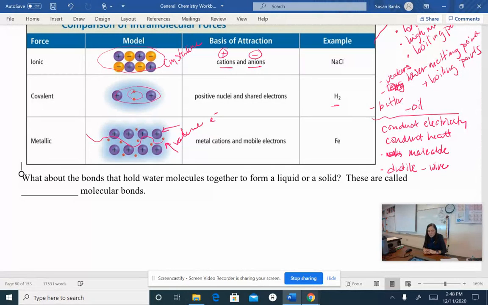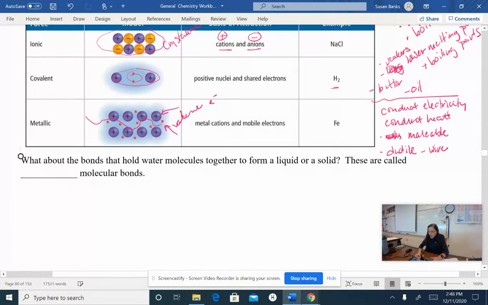Okay? So, the thing I want to talk about, though, is bonds that hold molecules together with each other. So what about those bonds, for example, that hold water molecules together to form a liquid or solid? To make it liquid, those molecules have to stick next to each other.